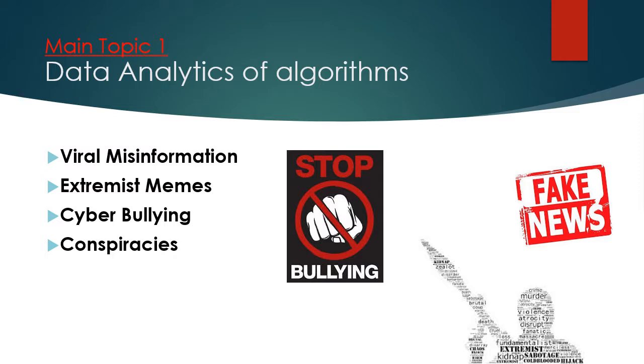So if it's believed and it's something like, wow, this misinformation is crazy, what if it's true? Then it gets spread all over, and people start believing these things. The extremist memes, the cyberbullying, some people find a dark humor in that, the conspiracy theories, all the algorithms know is that when these things are presented in front of certain users with certain characteristics and personalities, it puts more ads in front of the users and it spreads.